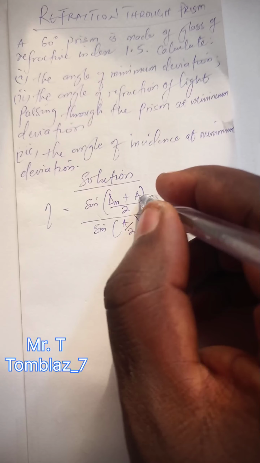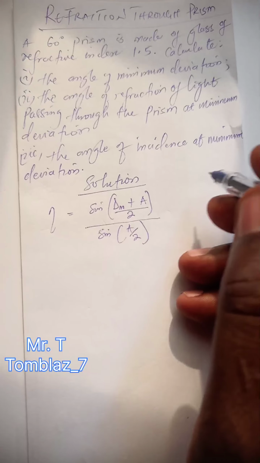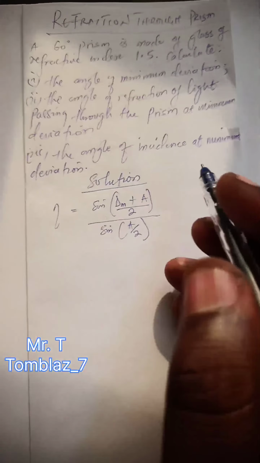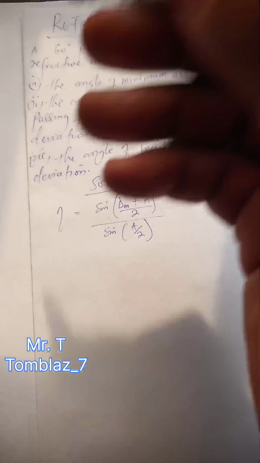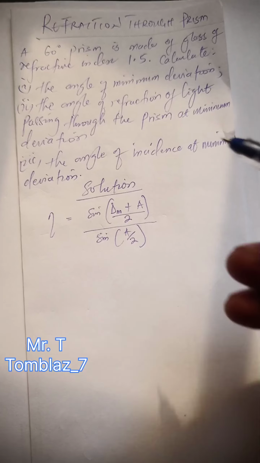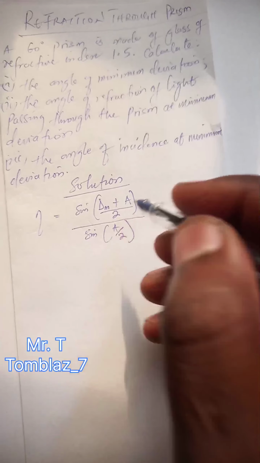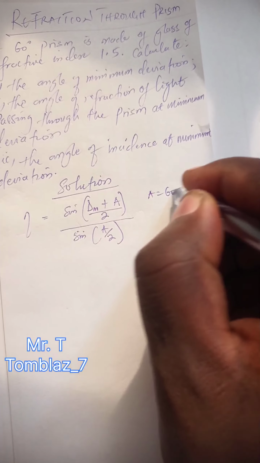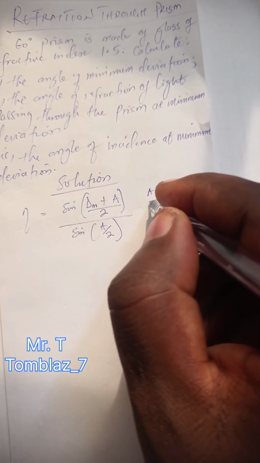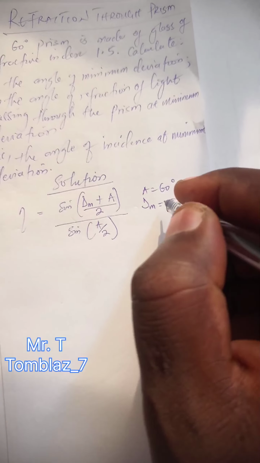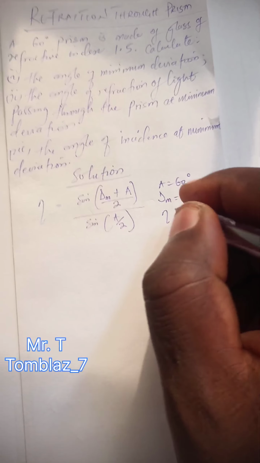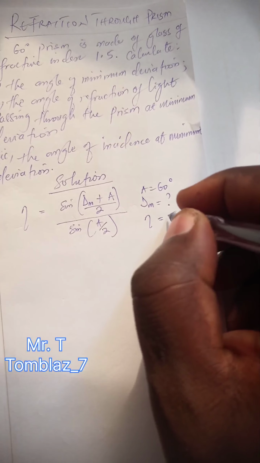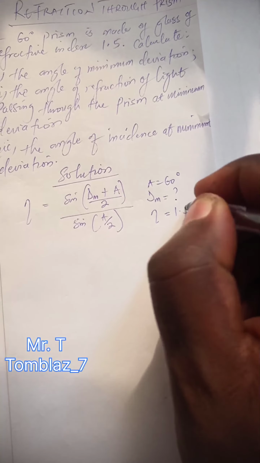Now this refracting angle is the angle of the prism, and since 60 degrees is given, that means it's a triangular prism and it is equilateral. So that A is 60 degrees, and this Dm is the angle of minimum deviation we are looking for, while this mu is the refractive index and it is given as 1.5.